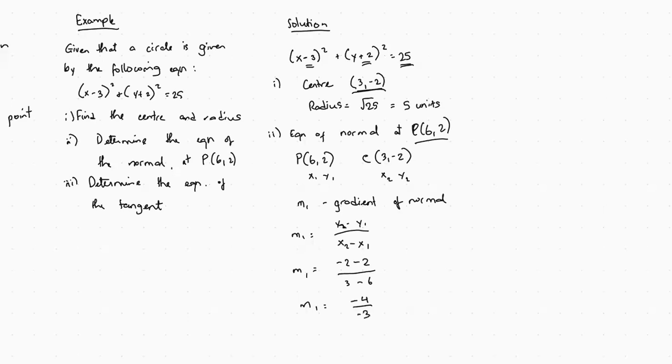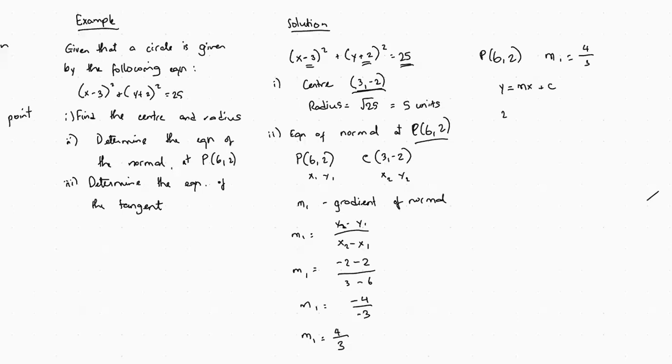So for the equation of the normal, we have the point P, which is (6, 2), and our gradient m1, which is 4 on 3. The easiest way to do this is to use the general equation of the line, y is equal to mx plus c, where we get x and y from P. So y is equal to 2, m is 4 on 3, x is equal to 6, plus c.